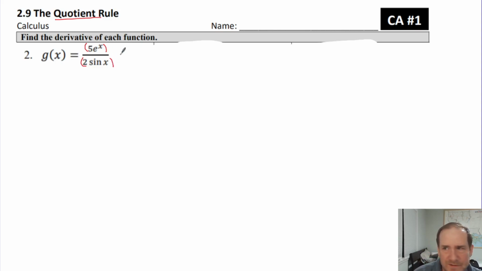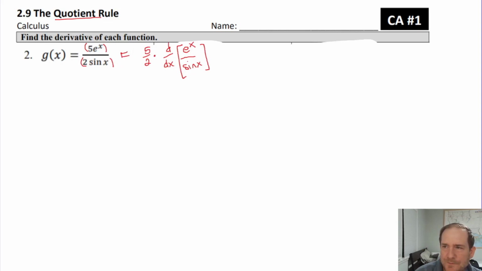It's probably not really worth it, but you could factor out a 5 halves, like the coefficient here and the 2 here, and then you could do the derivative, the d/dx, on just an e to the x and a sine x. But that's essentially what you're doing anyway. So I don't think it's worth it to even bother thinking about that, but I don't know, maybe we will.